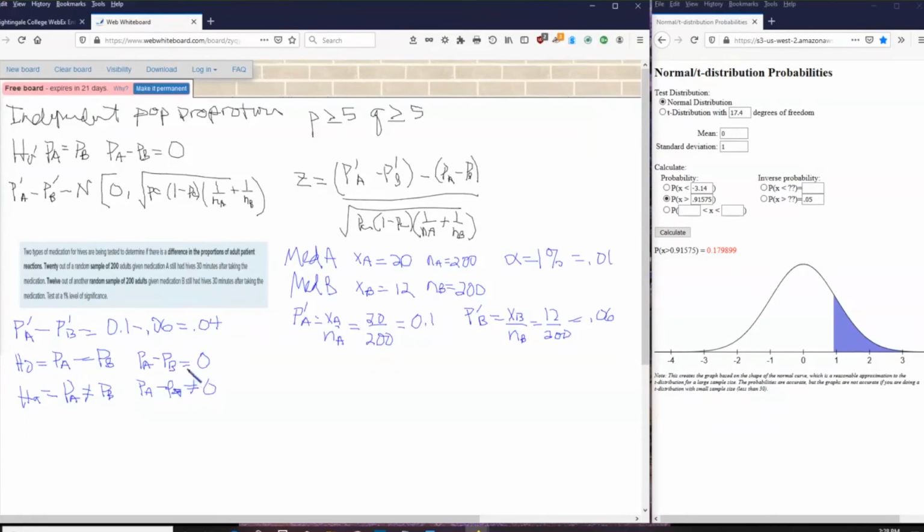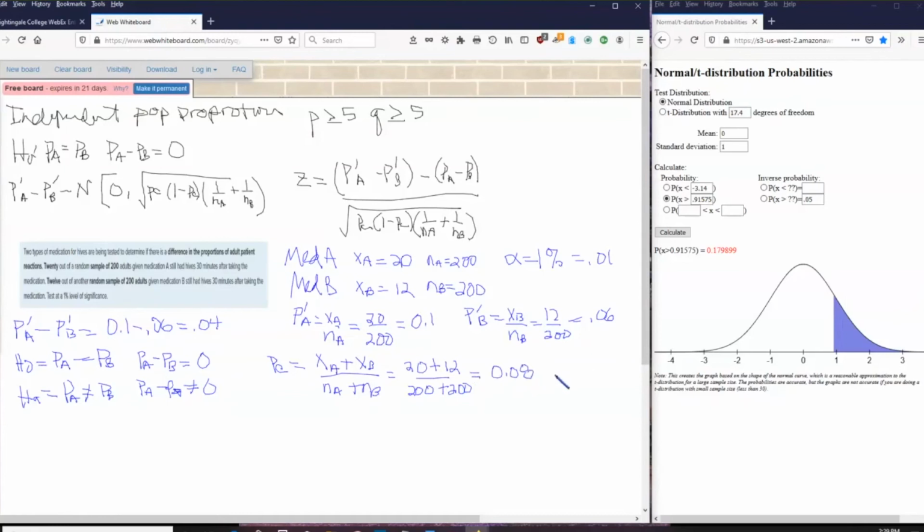Okay, and then my pooled proportion is going to be x of A plus x of B divided by n of A plus n of B. So that's going to give me 20 plus 12 all over 200 plus 200, which is going to equal 0.08.